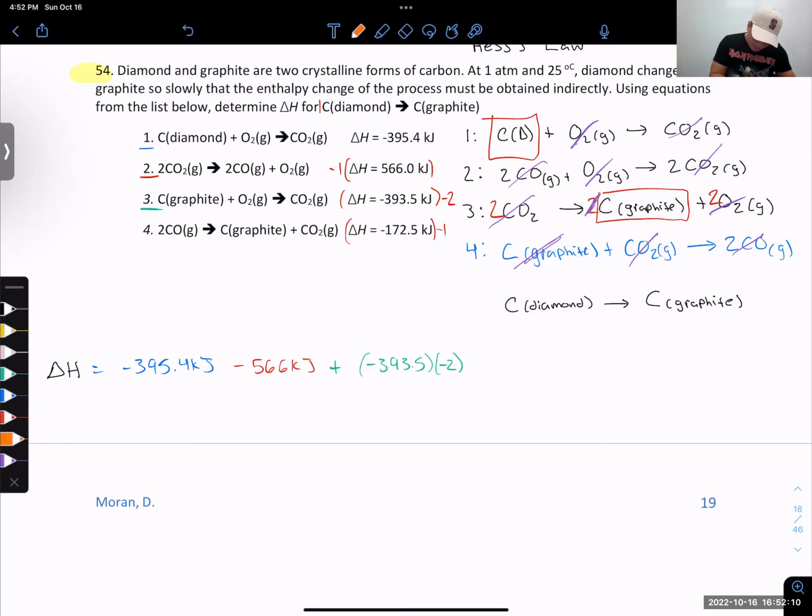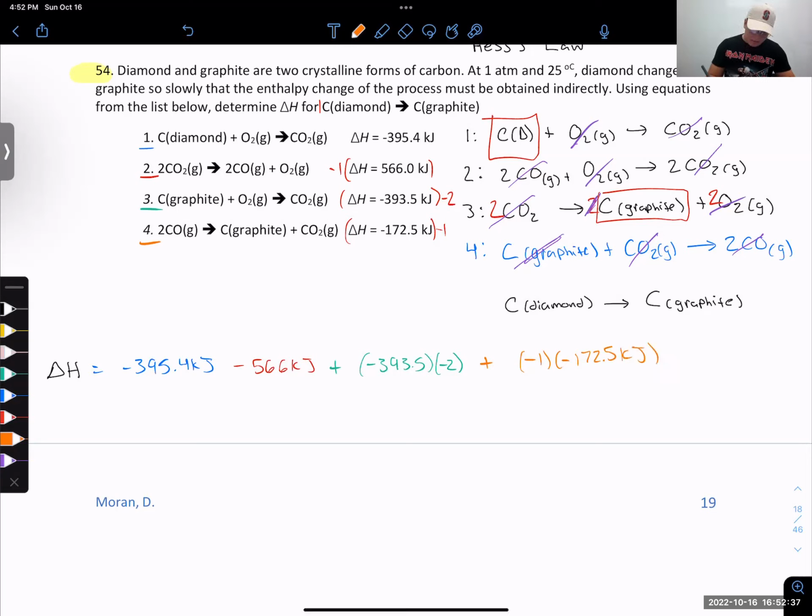And then the last one, number 4, we'll do in orange. So to go from here to here, we flipped it and we didn't change the coefficients or anything. So that means we multiplied by -1 in order to flip it, right? So therefore, the -1 would be here. And then -172.5 kilojoules.